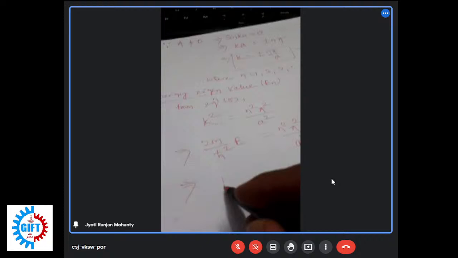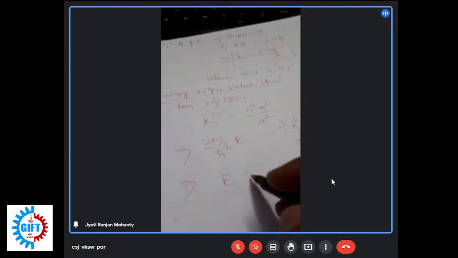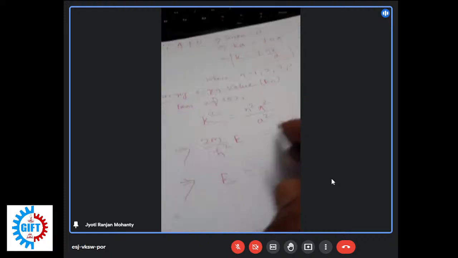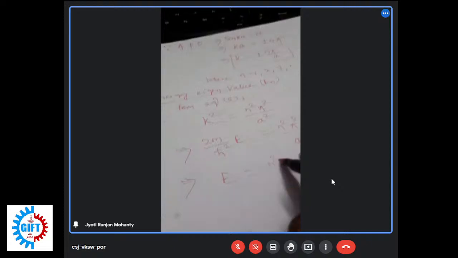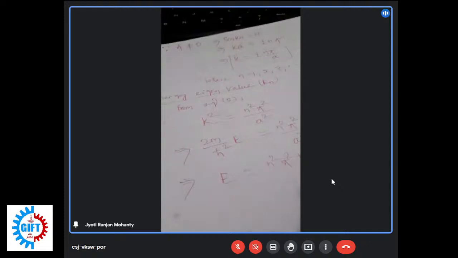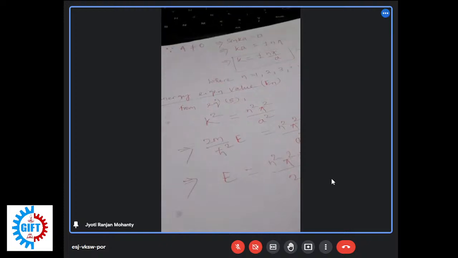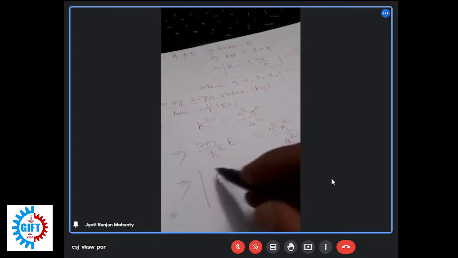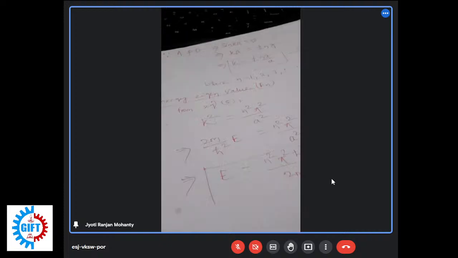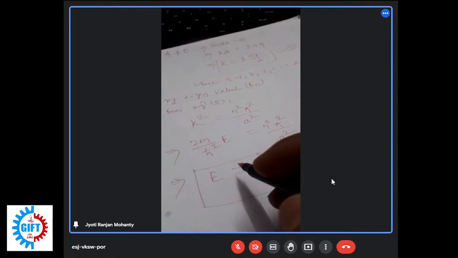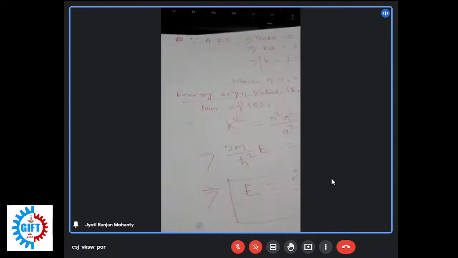From this expression, E is equal to n square pi square h cross square by 2m a square. This is equation number 6.